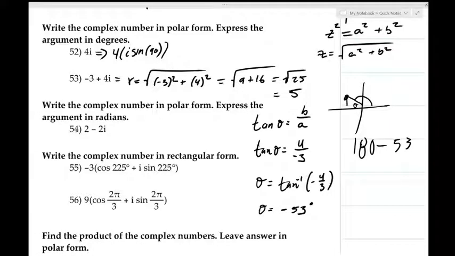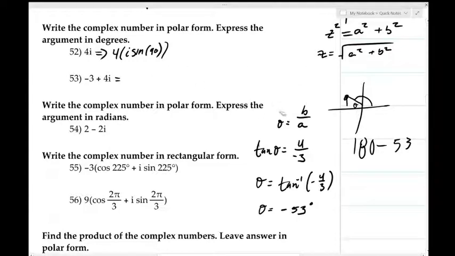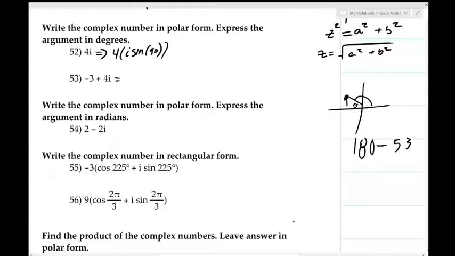That being said, let's go ahead and finalize the solution for this. So r is 5, so 5 times cosine of 53 plus I sine, should be 127, right?